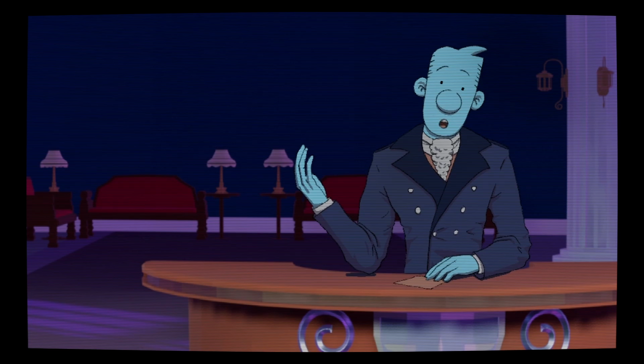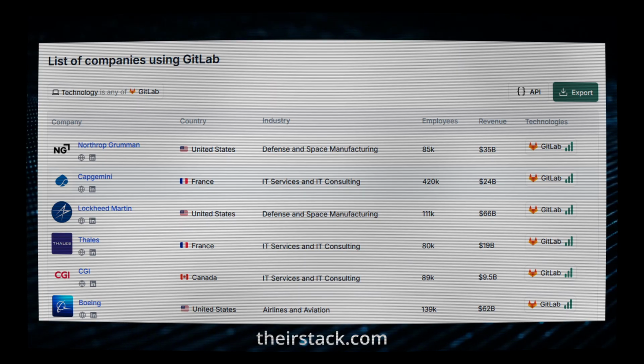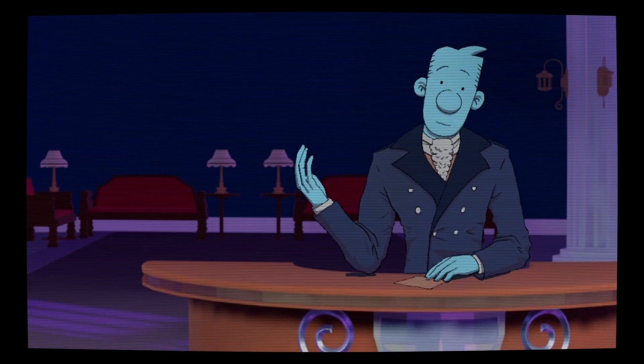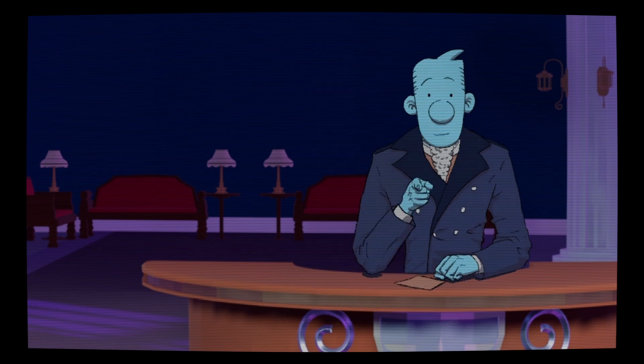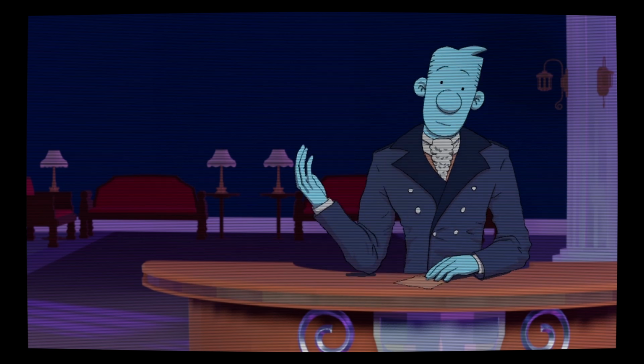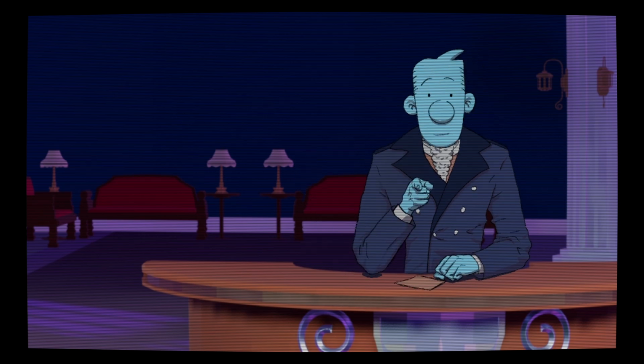GitLab hosts projects developed by places like Lockheed Martin, which is a defense and space manufacturing company for the US, and Boeing, who is in charge of commercial airplane manufacturing. These organizations have information that can be very dangerous if acquired by a rogue agent. They could steal data related to national defense systems or how to remotely take control of a commercial aircraft.